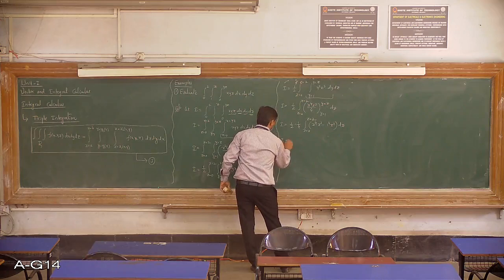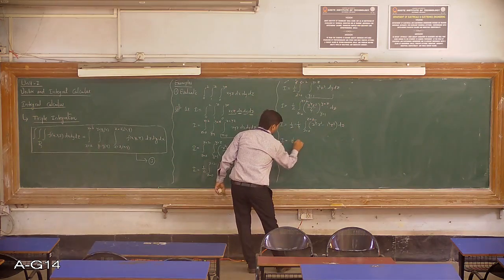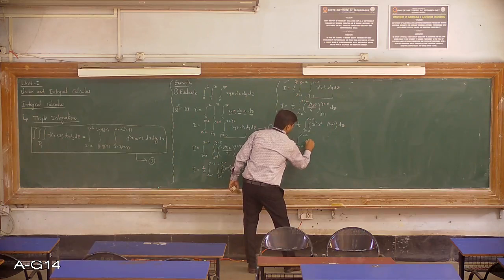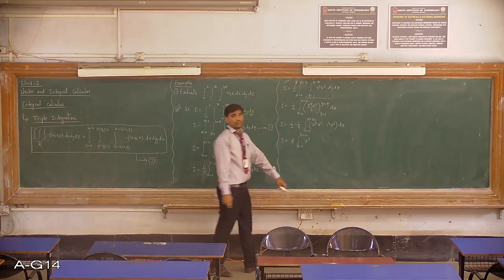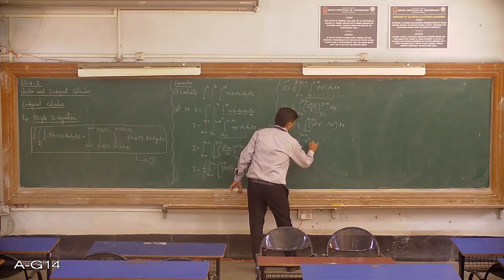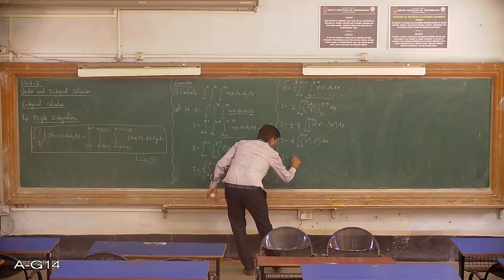That means I equals one by 2 into one by 4, 2 into 4 is 8, one by 8. We can write the integration from z equals 0 to 2 of z raised to 7, because z raised to 4 into z raised to 3 is z raised to 4 plus 3, that is z raised to 7, minus 1 raised to 4 is 1, so z cube only, dz.